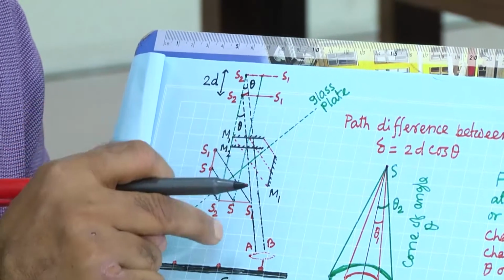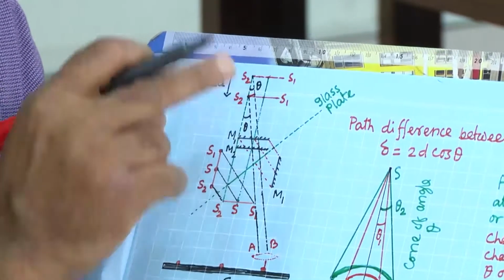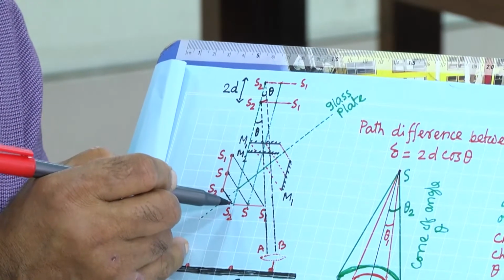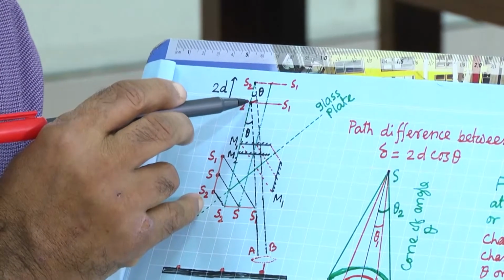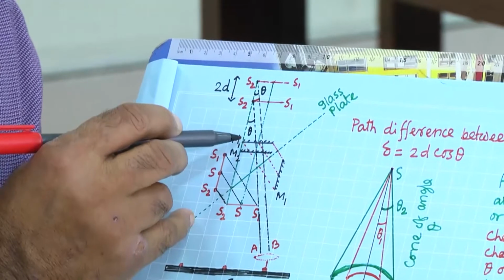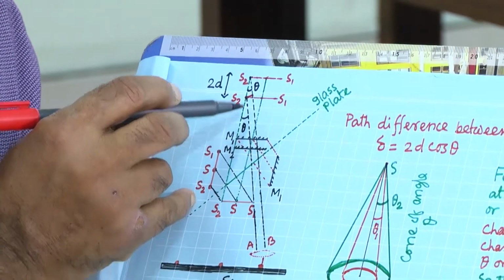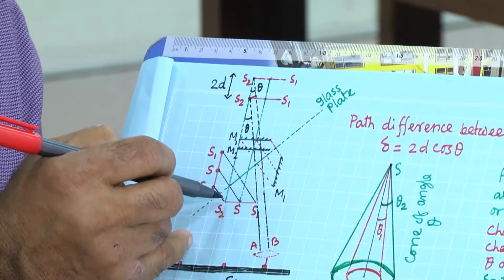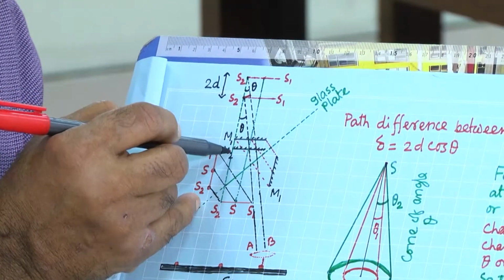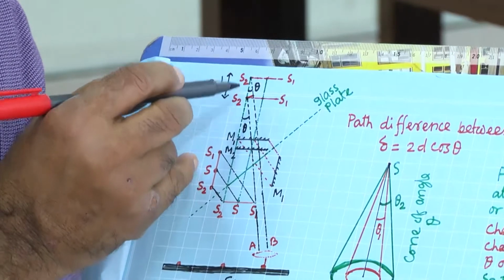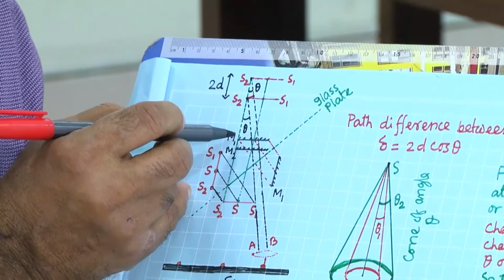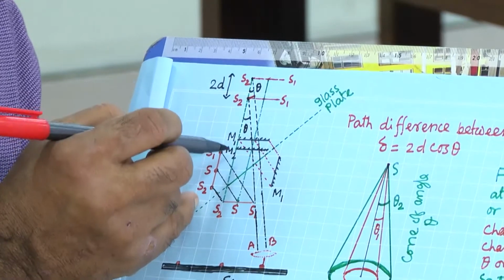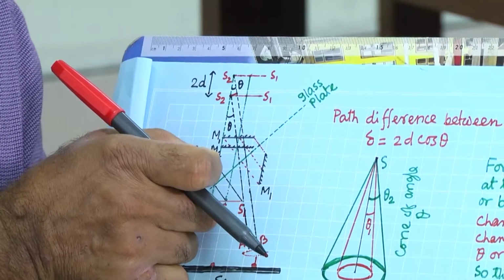If it is d, then the image distance, as you know, becomes 2d. Once this d is counted, the distance plus this d, and then for the image again an extra d will come, plus the distance from mirror 2.